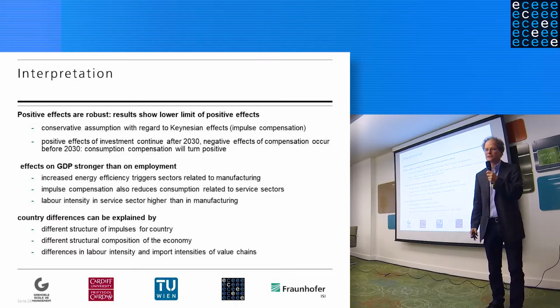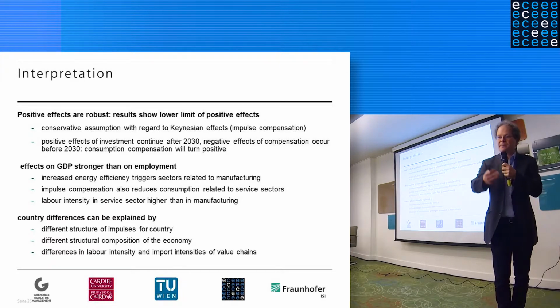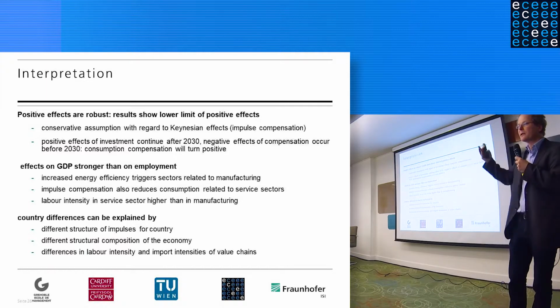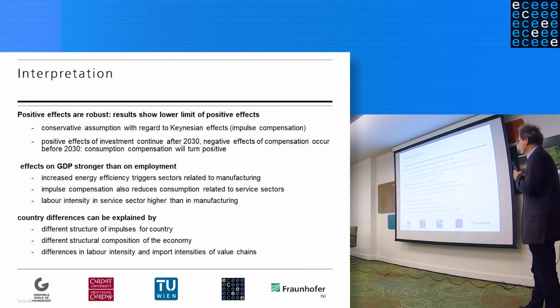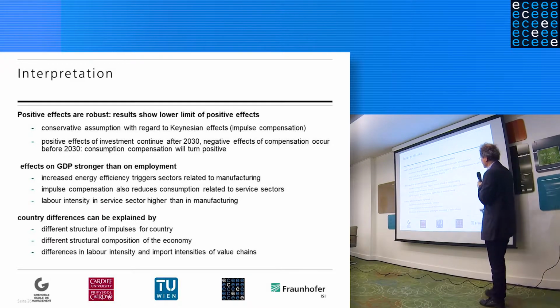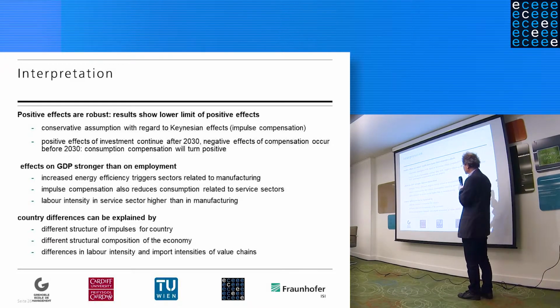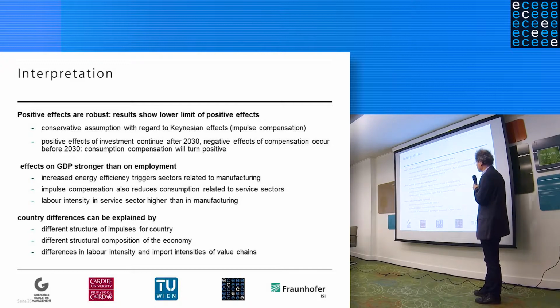If you invest in 2030, you have to spend the investment in that year, but the energy savings will occur for 10, 15 years. So that is a second reason for that. The effects on GDP are somewhat stronger than on employment, as I already explained.